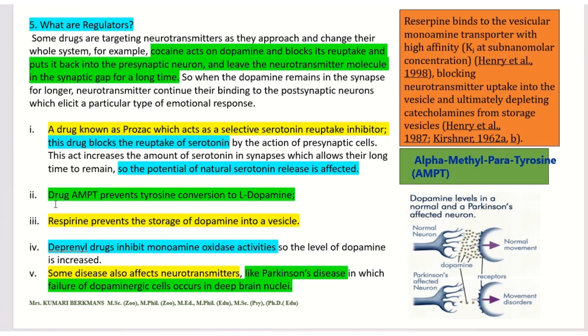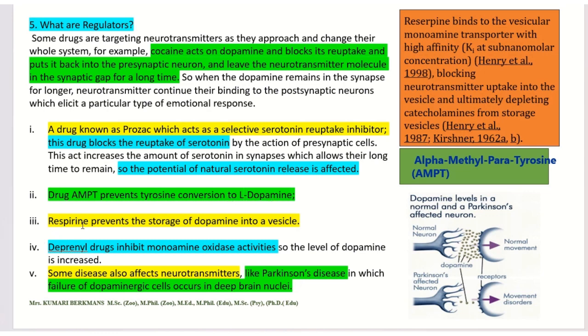And the next important point we are going to see is the drug AMPT, which prevents tyrosine conversion to L-dopa. What is AMPT? Alpha methyl paratyrosine. This drug prevents the tyrosine conversion to L-dopa.